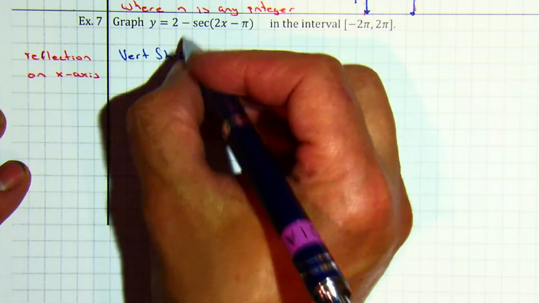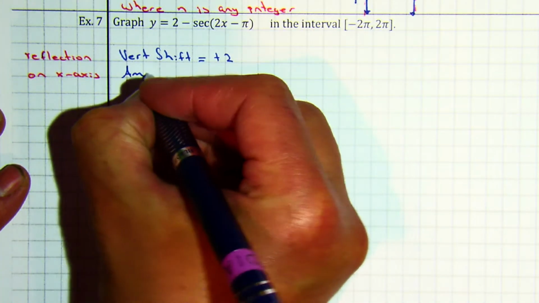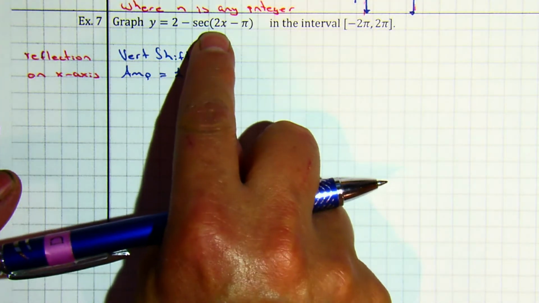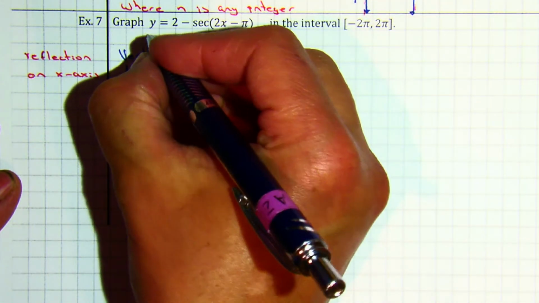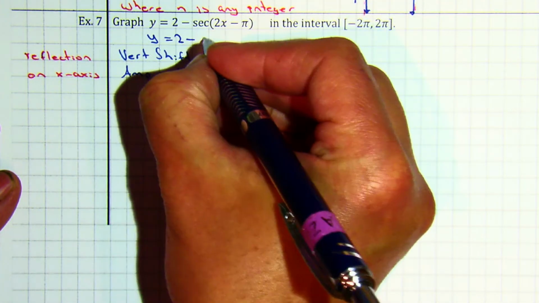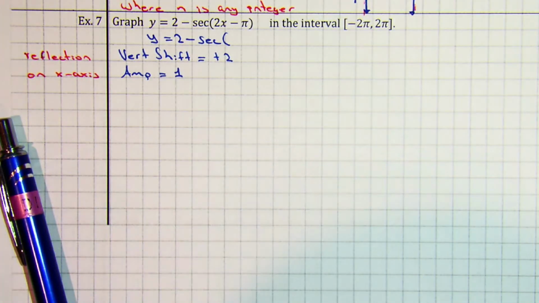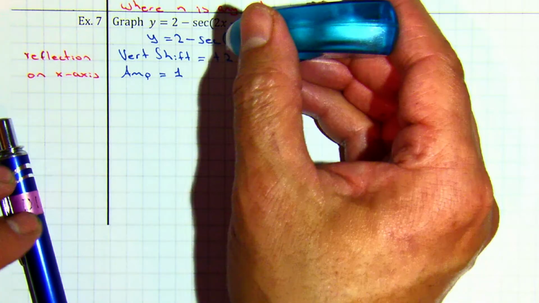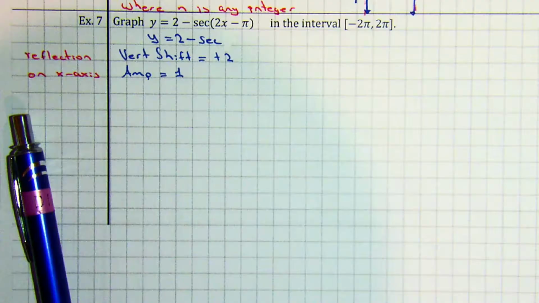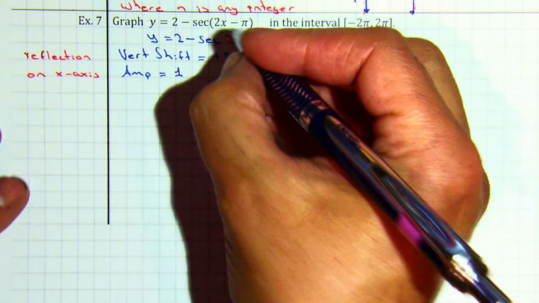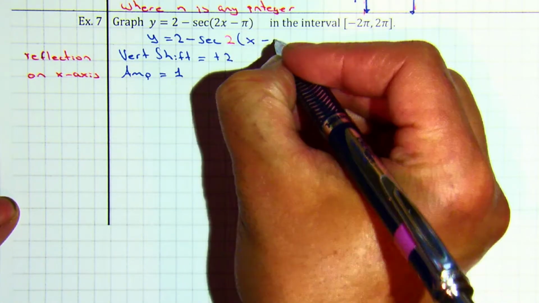There's a 1, so that'll be my amplitude. I do need to be able to factor the 2 before I continue. I did not write it down, so let me write down my 2. One factor 2, and this will be x minus pi over 2.